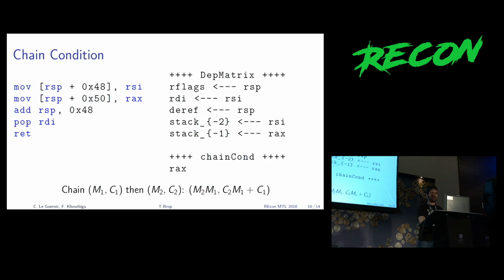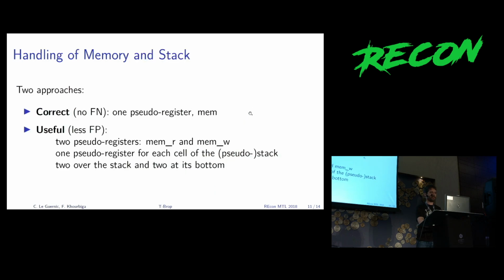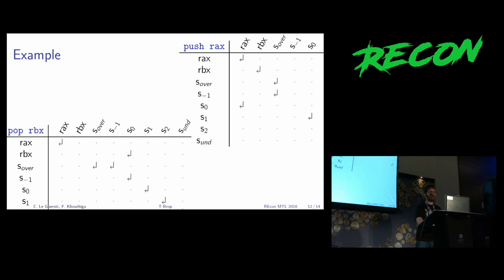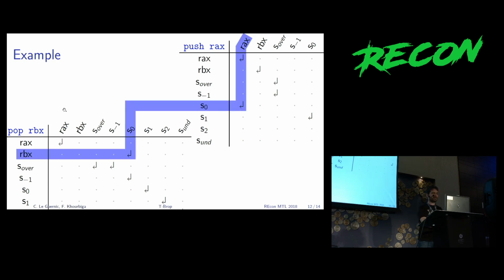And we also introduced another pseudo register that we call deref to track dereferencing. So here we can also say that RSP was dereferenced during this gadget. As an example, if I have a push RAX followed by pop RBX, and this array representation is read in the following way.